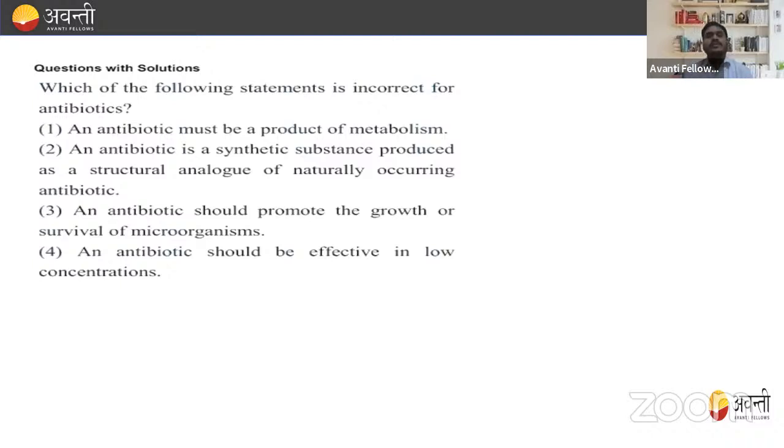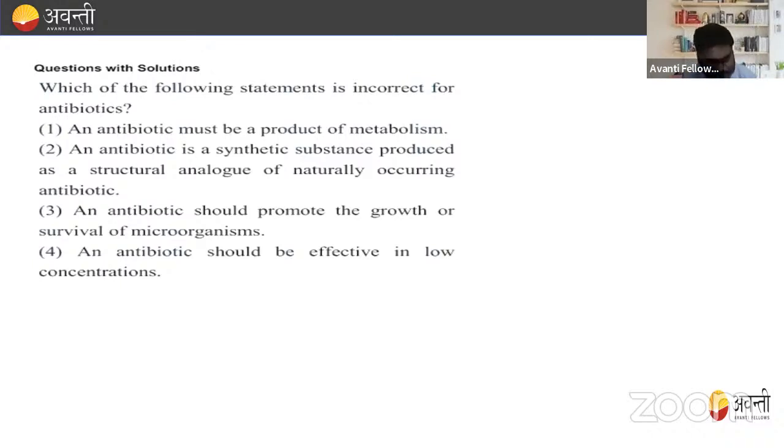An antibiotic should promote the growth or survival of microorganism, or we say an antibiotic should be effective in low concentration.